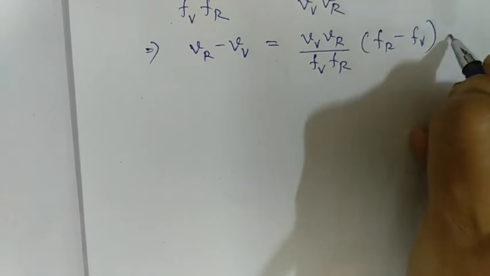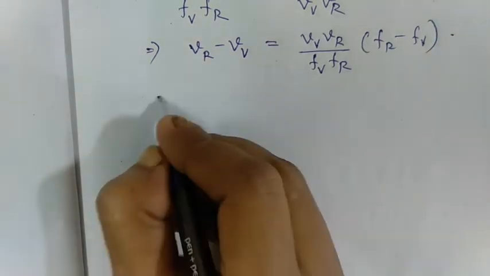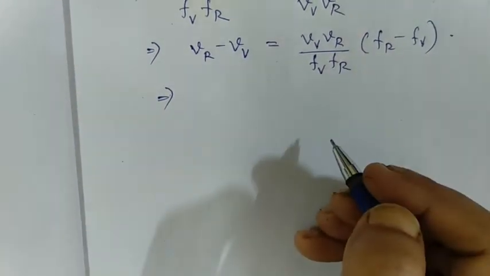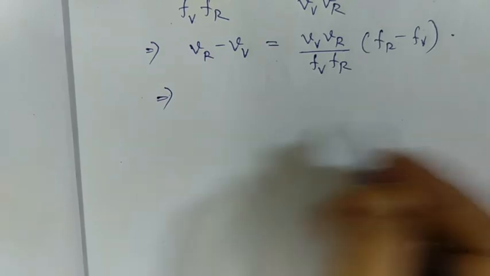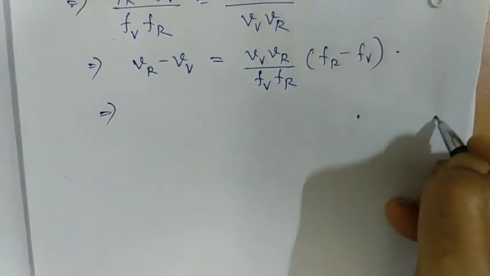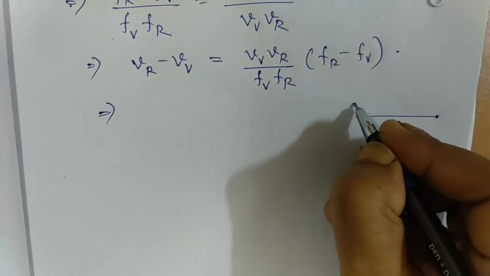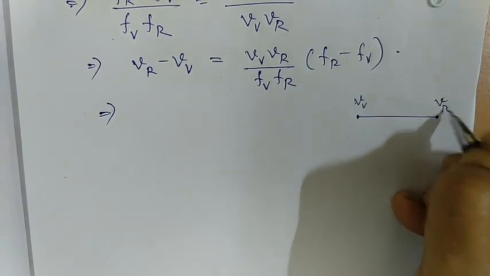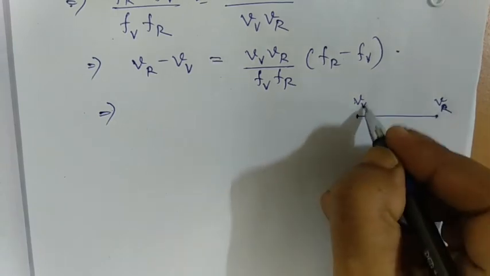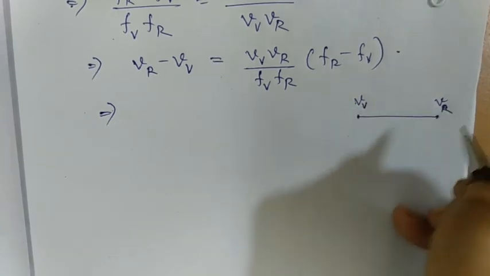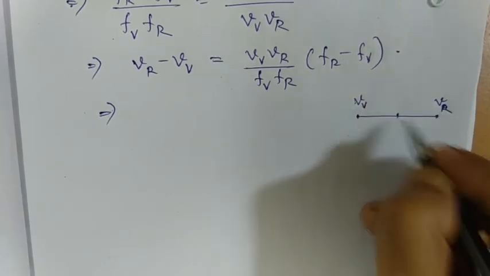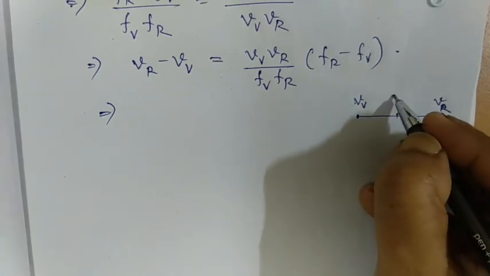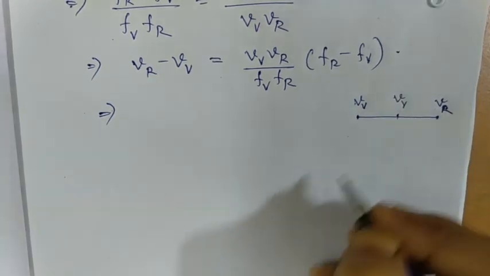We can simplify this more. Let's say these are the two extreme colors, Vv and Vr, the image distances for violet and red, and yellow is the intermediate of these two colors, so this is Vy.